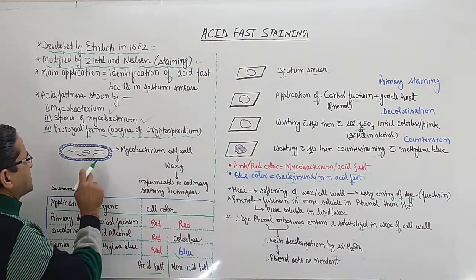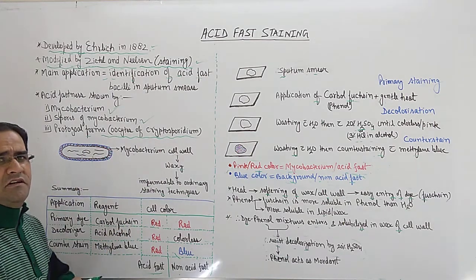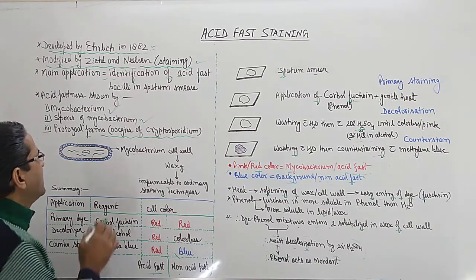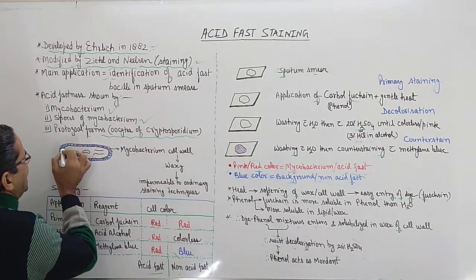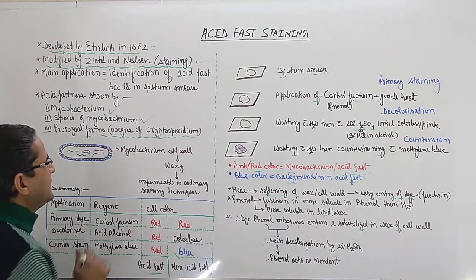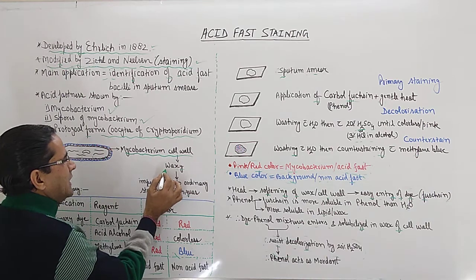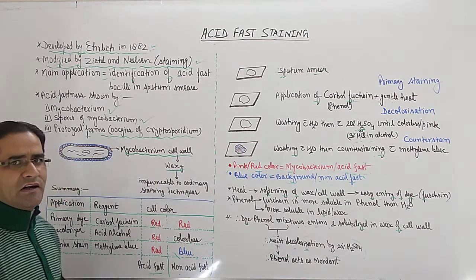If we look at the structure of Mycobacterium tuberculosis, I am talking about the outer wall, the cell wall. This is the Mycobacterium cell wall. Now this cell wall is waxy in nature.